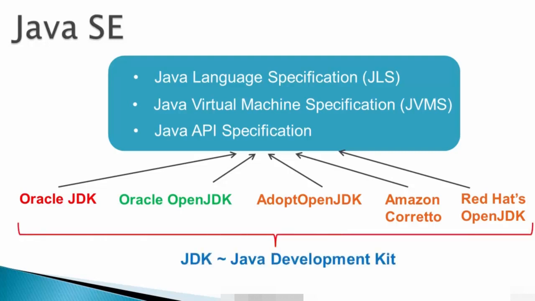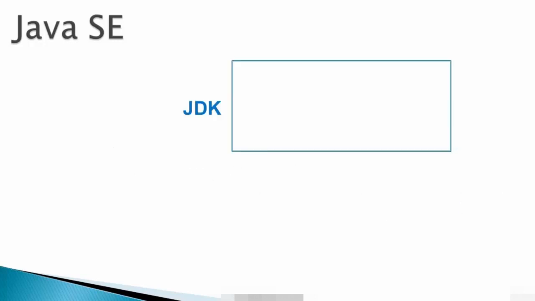Now, each of these implementations is basically a JDK, that is Java Development Kit, and we need a JDK to write, compile, and execute our Java programs, and soon we will install one of the latest versions of JDK. And let's see what a JDK would contain. It would obviously include a JVM, which implements the JVM specification, right?